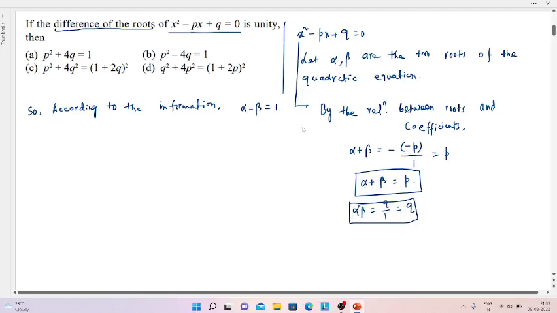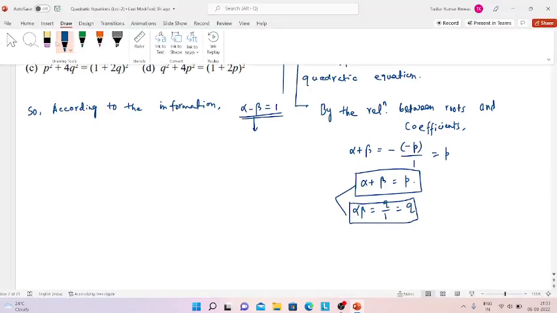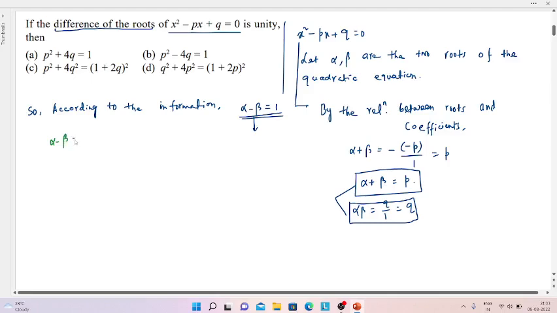So before using this, let us first try to make alpha minus beta in terms of alpha plus beta and alpha beta. Since alpha minus beta equals to 1 is given to you, we can square both sides. So this will become 1 square.